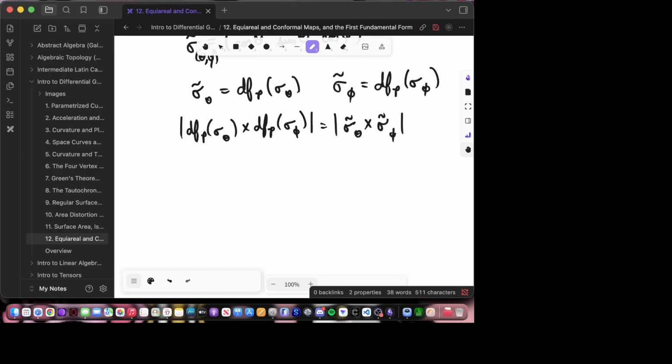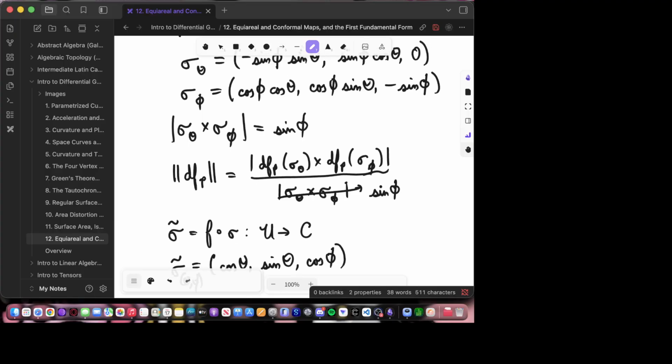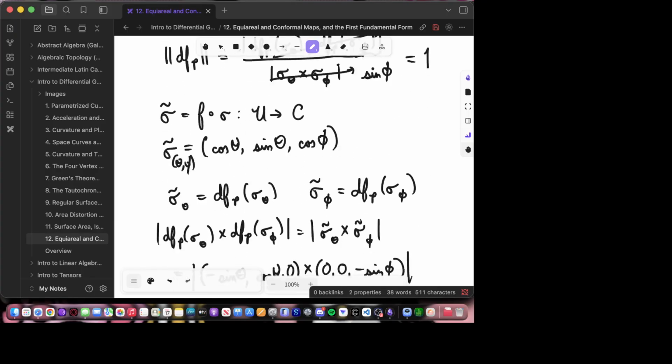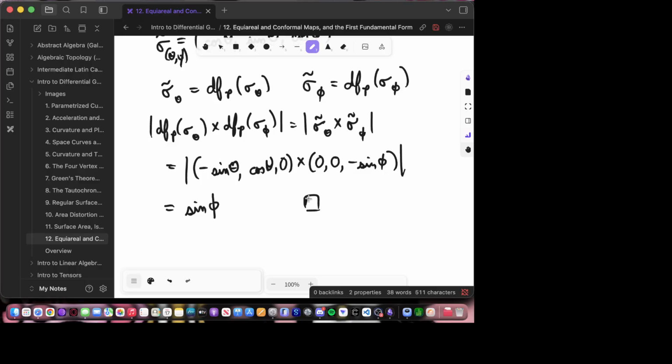Let me scroll down, which is equal to the norm of the cross product of negative sine theta, cosine theta, 0 times 0, 0, negative sine phi, which you can do the calculations, is going to be equal to sine of phi. And therefore, this is also sine of phi, which equals 1. And that completes our proof.